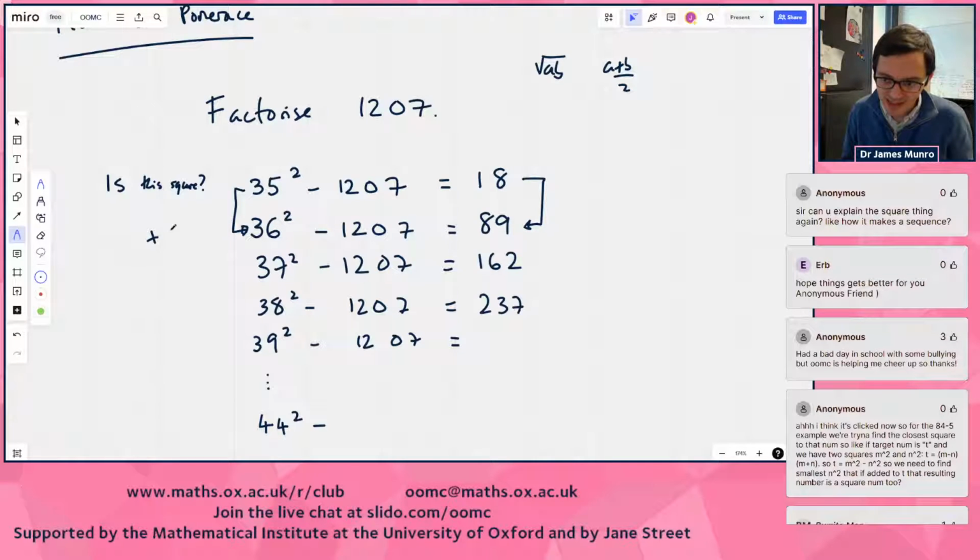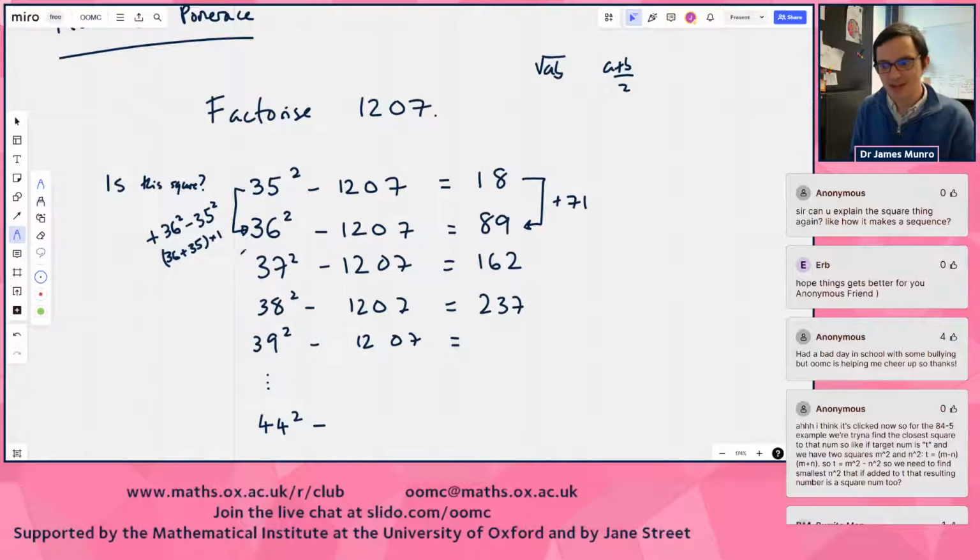So I've added 36 squared and I've taken away 35 squared. And then I giggled to myself a little bit, because like everything we're doing today, that is also the difference of two squares. And in fact it is 36 plus 35 times 36 minus 35, which is 1. So the thing that you add is just the number 71.